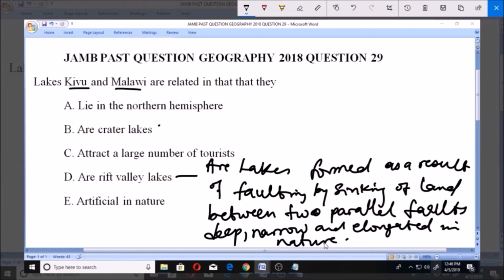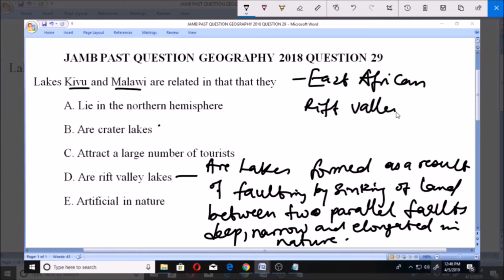Now, water which accumulates in such deep hollows is usually below sea level. Good examples of such lakes are those found in the East African Rift Valley. That is where we get Lake Malawi, Lake Kivu, and Lake Tanganyika.